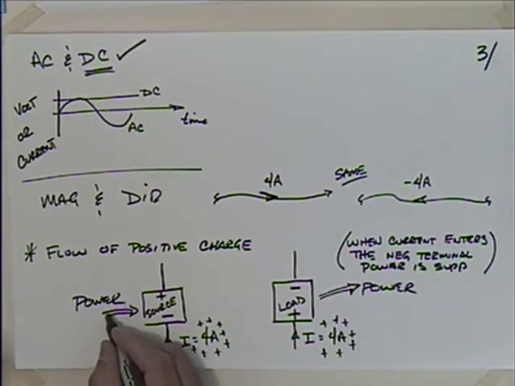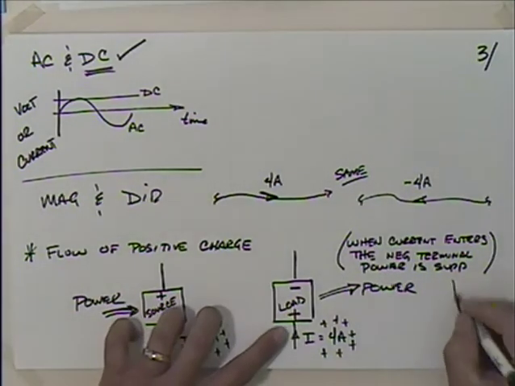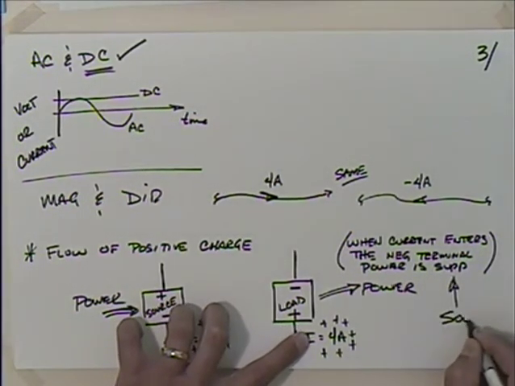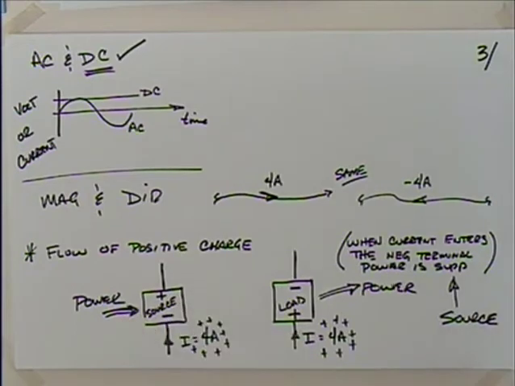So here we have to be supplying power. When current enters the negative terminal, power is supplied. It is a source. And of course vice versa. So that's something to think about.